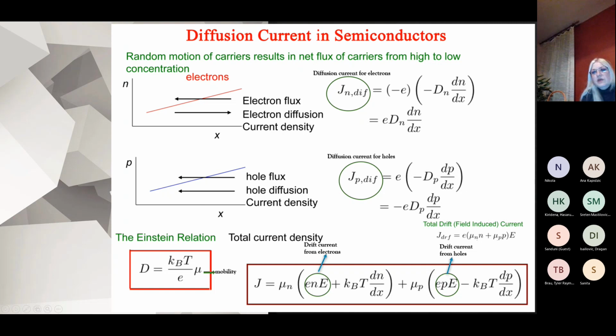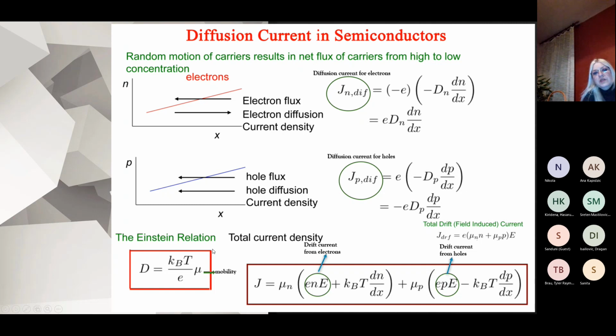We remind ourselves that the total drift field induced current in its description has mobility, so it would be nice if the diffusivity or diffusion constant is also related to mobility.